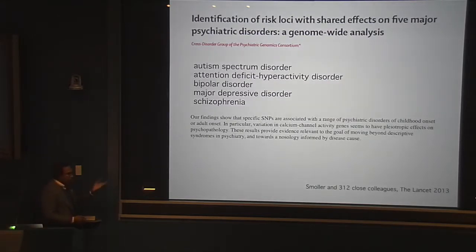However, you can also find in the literature quite a number of these examples. This is my favorite one, which had 313 authors. That identified that, in fact, in these five different neuropsychiatric disorders, they all shared the same genetic predispositions.